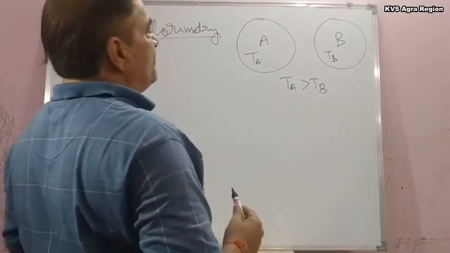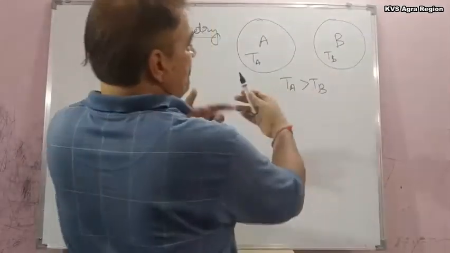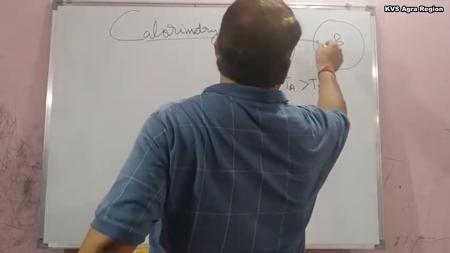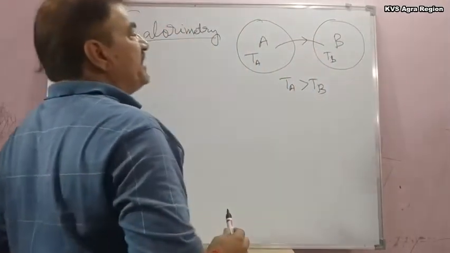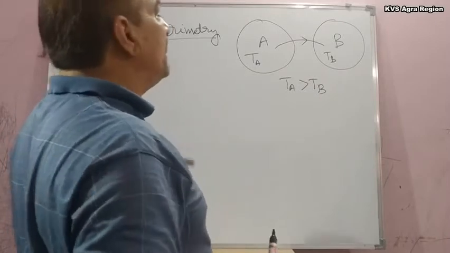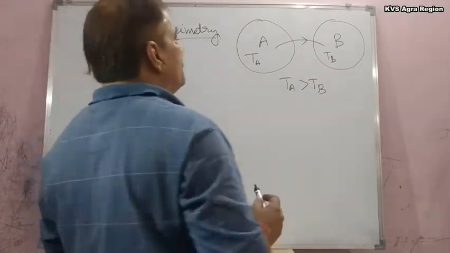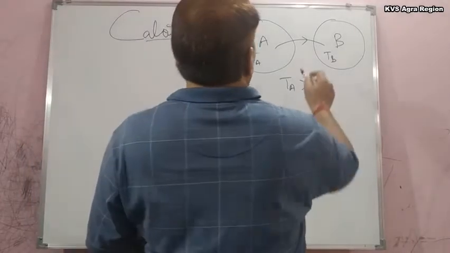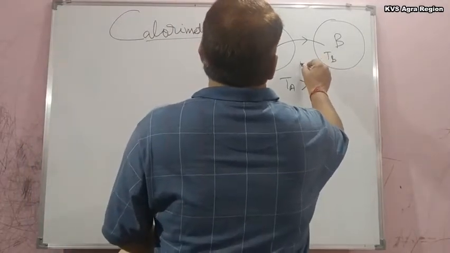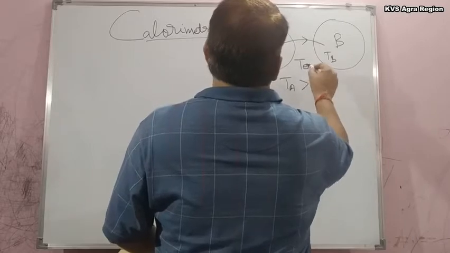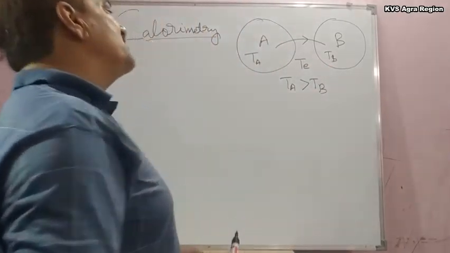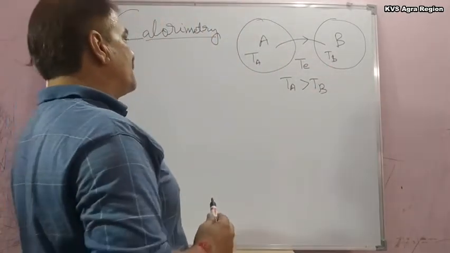Then what will happen? When these two bodies are kept in contact, heat will flow from body A to body B. And how long will this heat flow? It will flow till the temperature of the two becomes equal. So let the equilibrium or common temperature be TE.